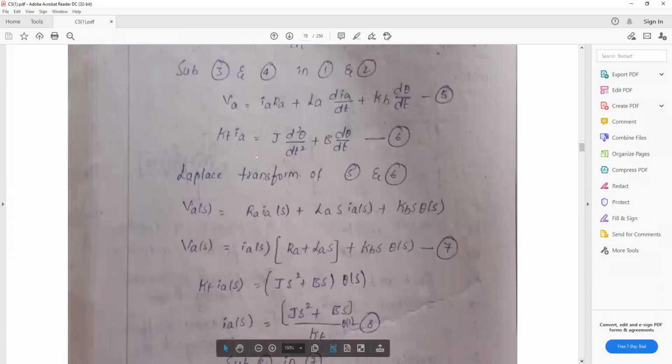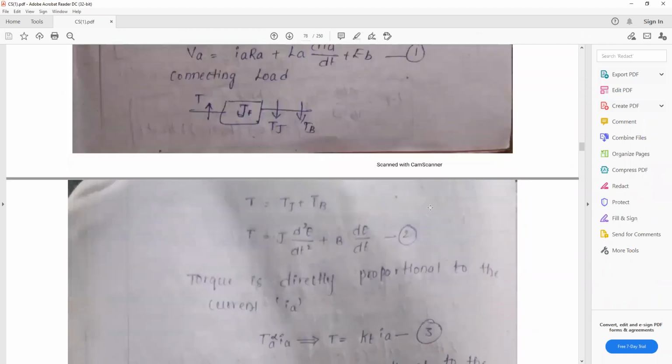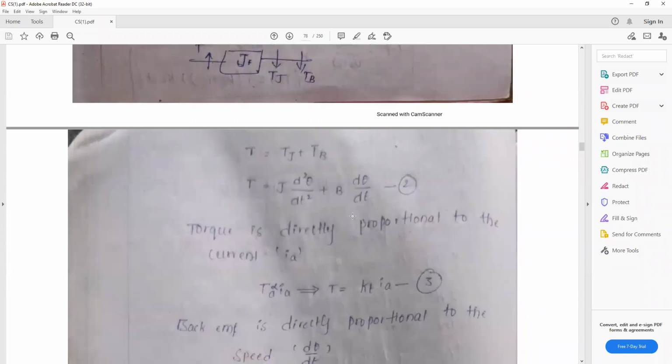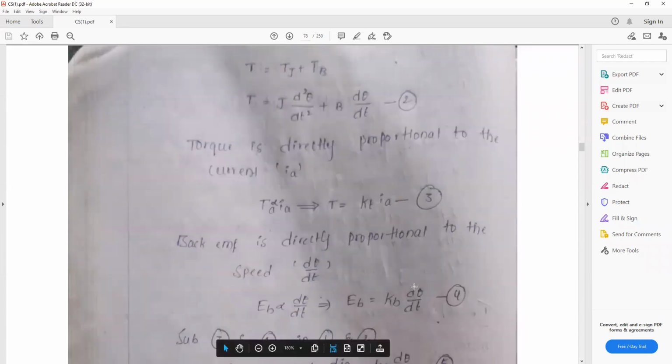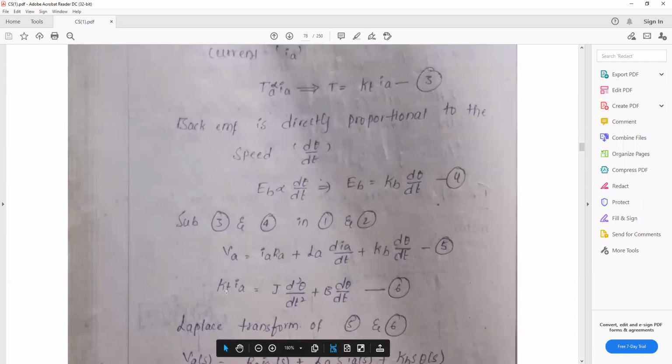First on equation 5, in which the back EMF is KB into d theta by dt, substitute in equation 1. And torque is KT into IA, substitute.